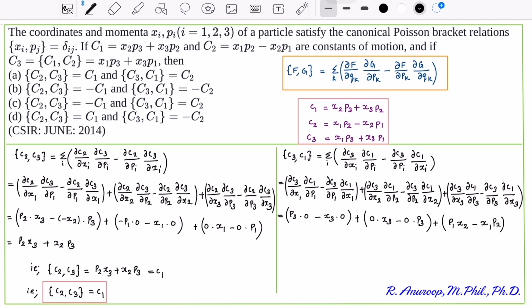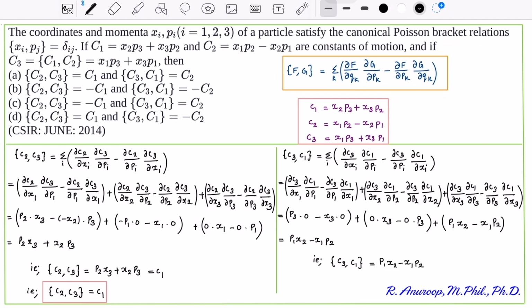That is, the Poisson bracket of c3 and c1 is p1 x2 minus x1 p2.